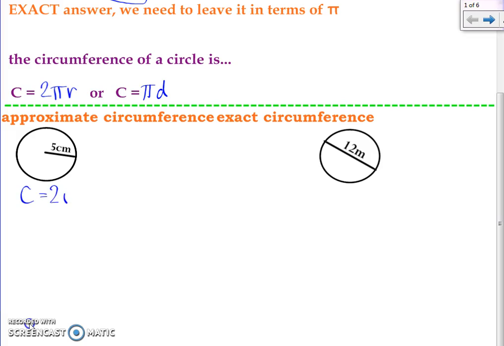Now we always do 3 lines of work. So we write the formula. We put the numbers in that we know. And then we write the answer. Okay, formula, numbers in, answer.